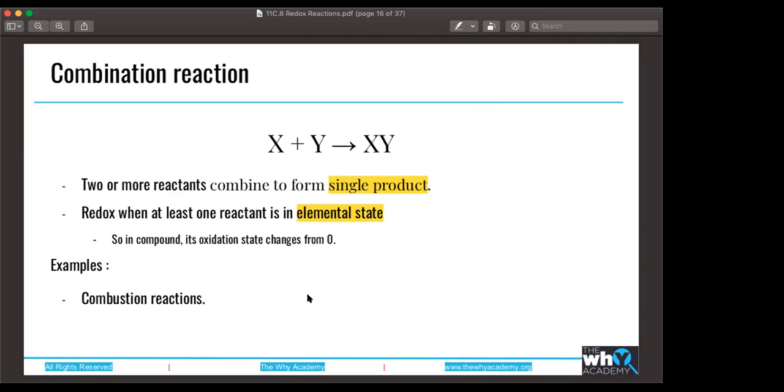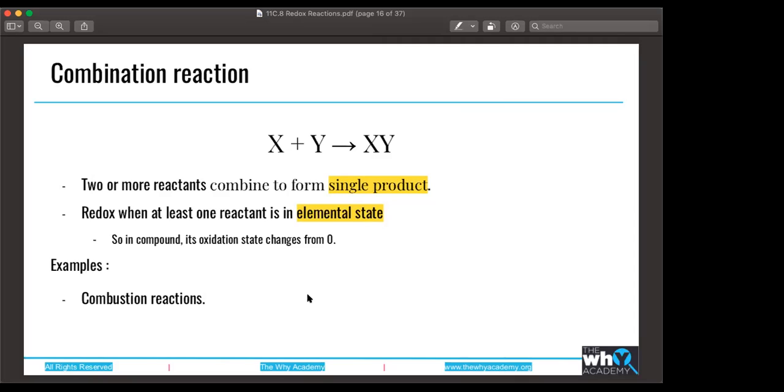So can you guys think of an example of a combination reaction which is not a redox reaction? Anyone?